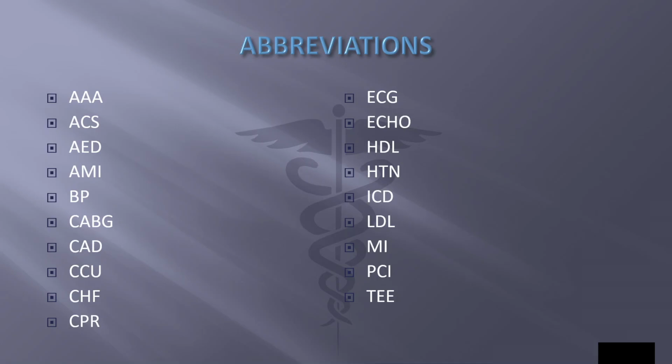MI, again, is a myocardial infarction or heart attack. PCI, percutaneous coronary intervention, placement of a catheter and stent in a coronary artery to open the artery, also known as balloon angioplasty. And then lastly is TEE, transesophageal echocardiogram.